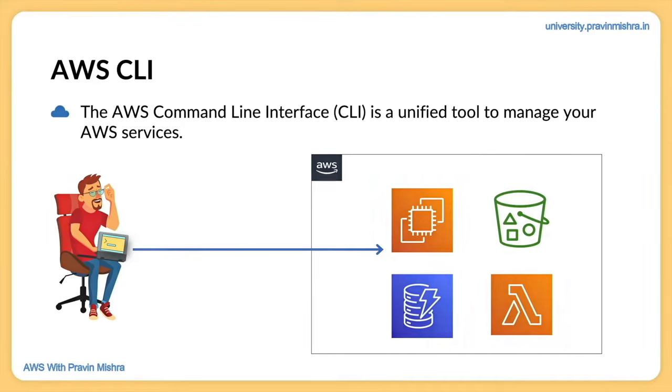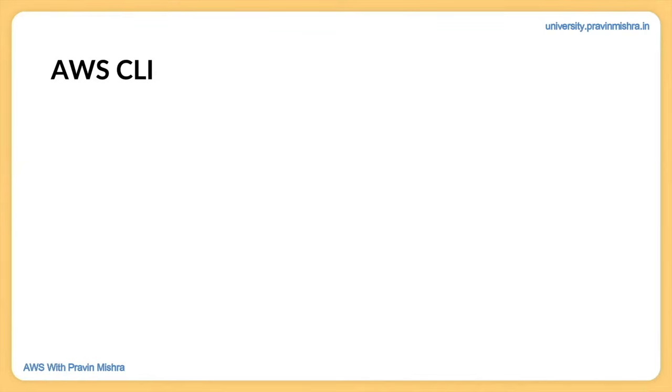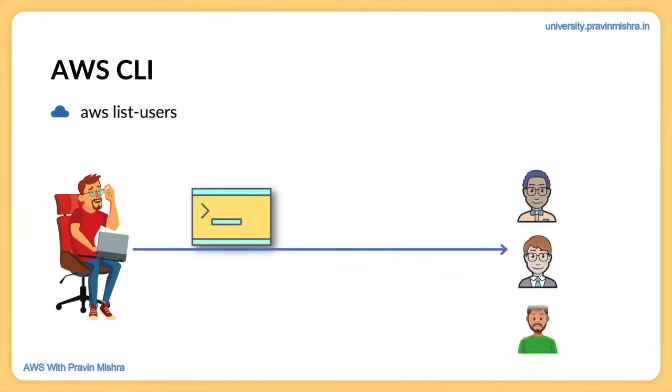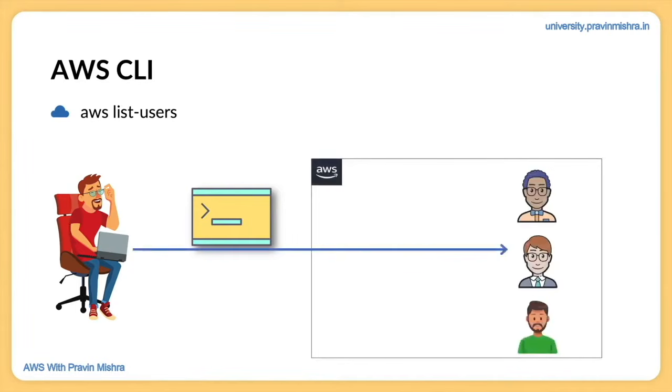You can do everything that you can do with the AWS Management Console. For example, if you want to list all users in your account, then open a terminal on your computer and type aws list-users. It will get you a list of all available users in your account.